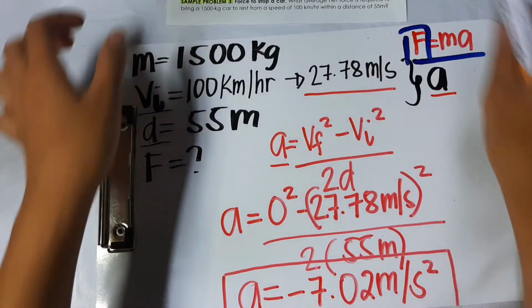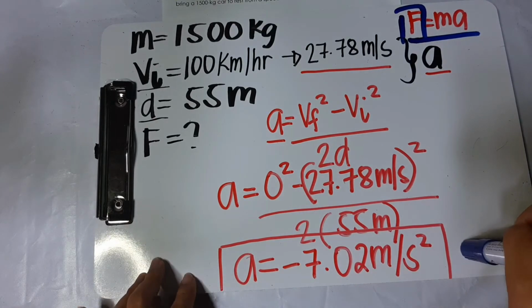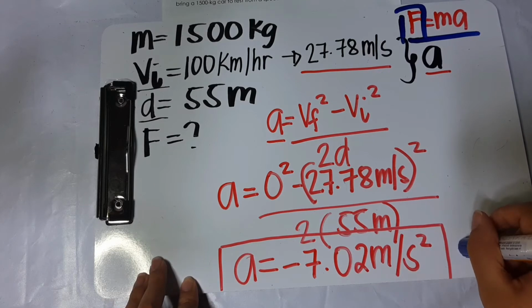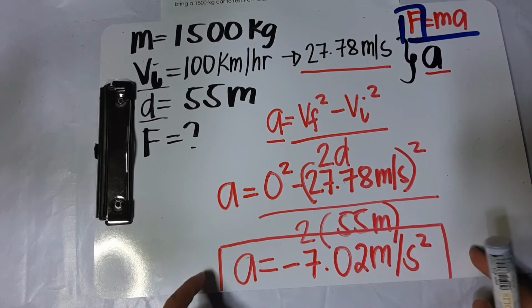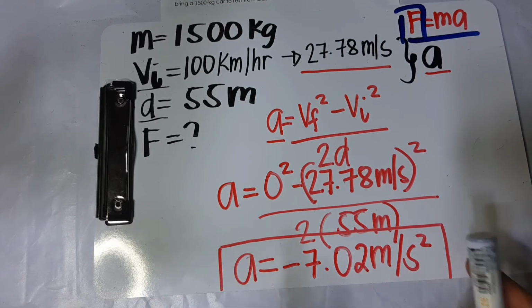That is the reason why the value of our acceleration is negative, because the car experiences deceleration. So take down note, the value of our acceleration is negative 7.02 meters per second squared.